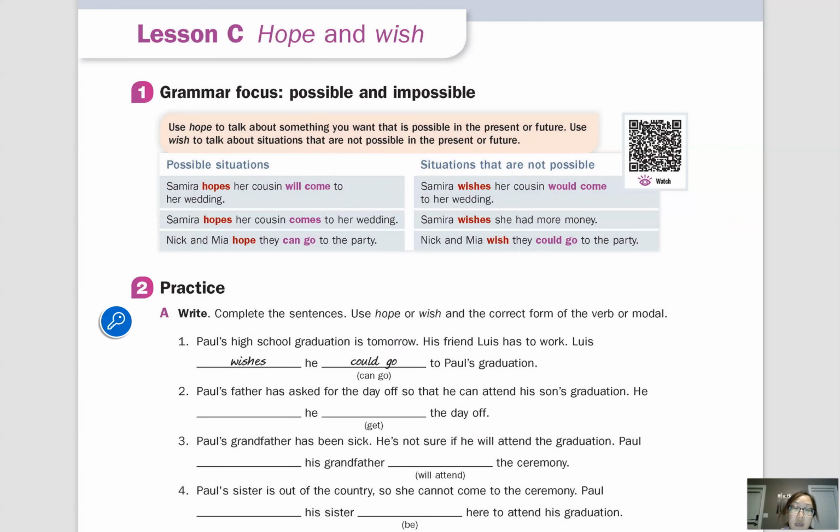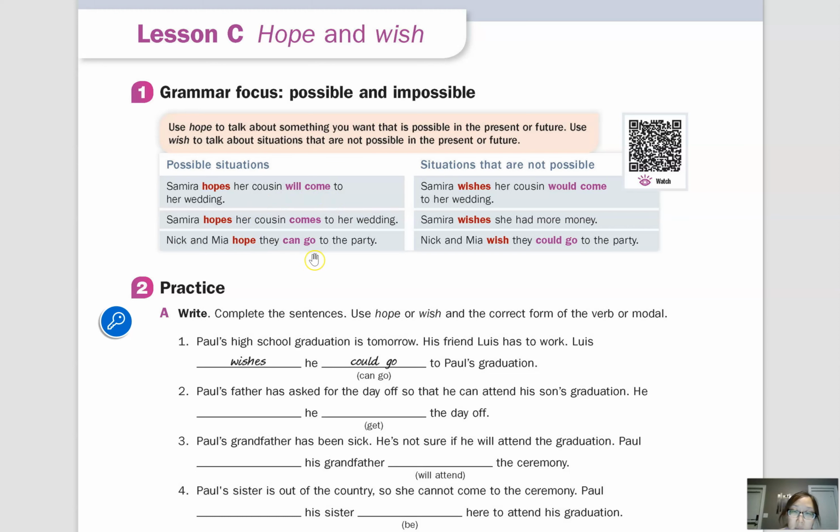Okay, so let's go back to your book on page 126, lesson C. From the video, you could see that hope and wish sentences also use the present tense, even if it's talking about something in the future.